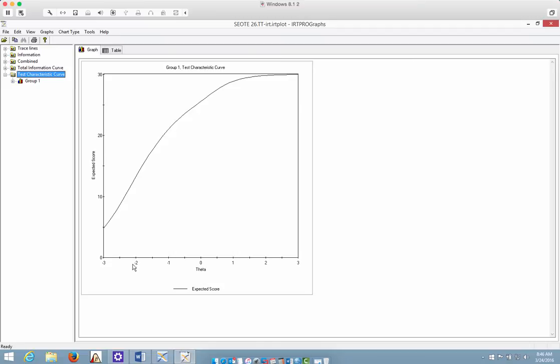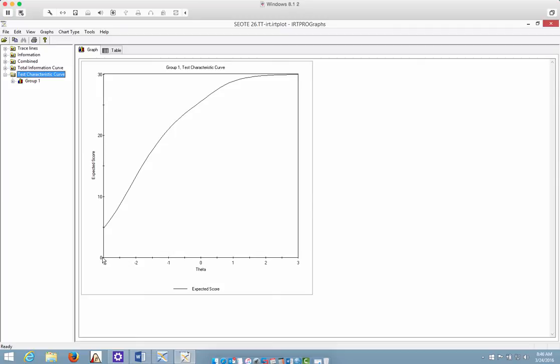So somebody that has a low level of agreement across those items, if we go up to where these points intersect the line, we could see that we would expect their total test score to be about 14.